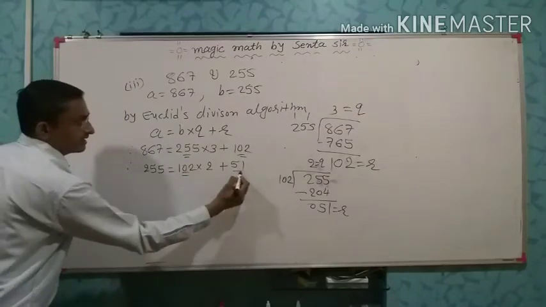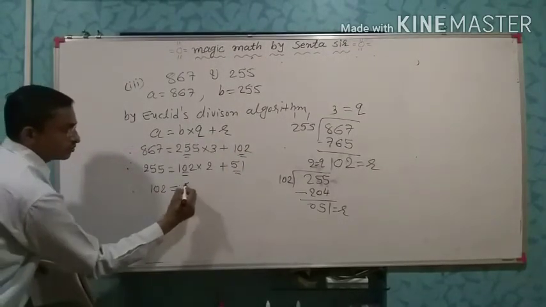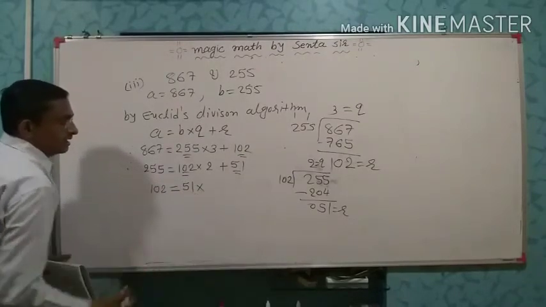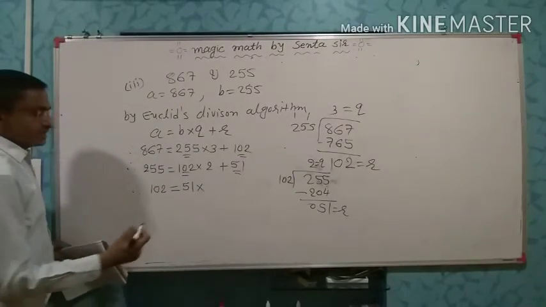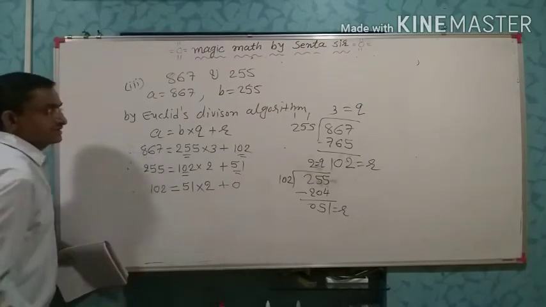Now we take the second and fourth number in the next step. 102 is equal to 51. It is very easy. 51 2s are 102. Remainder is 0.